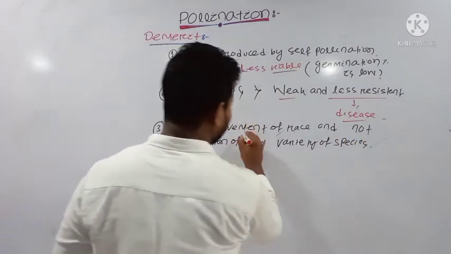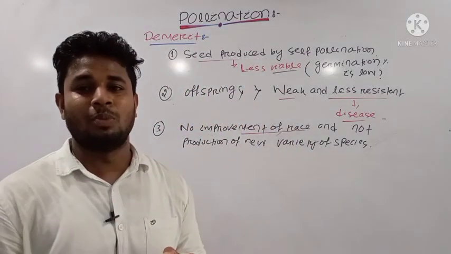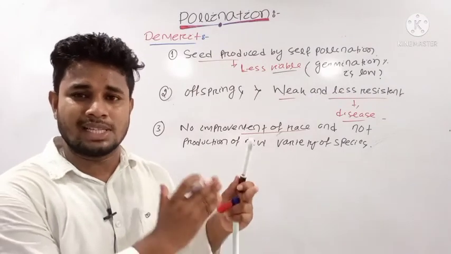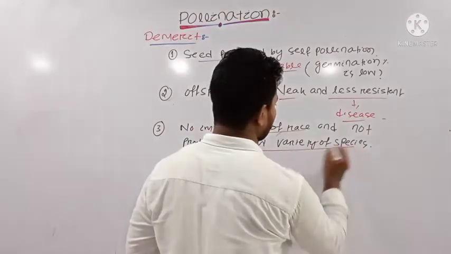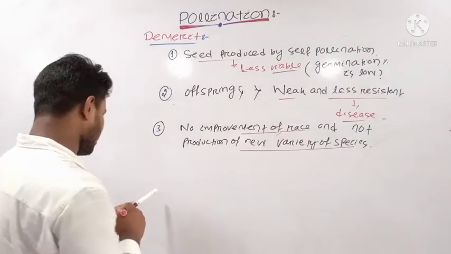The race will not improve. The parent is similar to the offspring, the same race is followed, and a new variety will not be produced, because it is not produced by hybridization. That is why a new variety will not be produced.